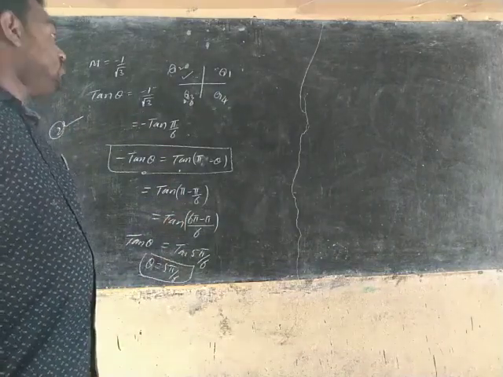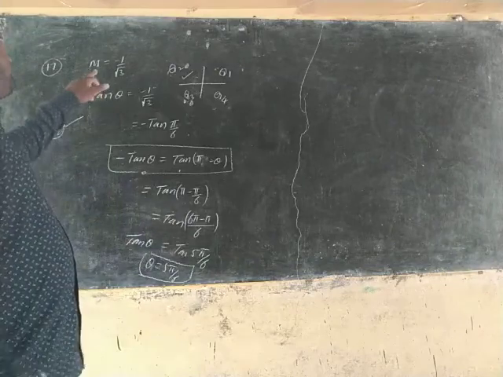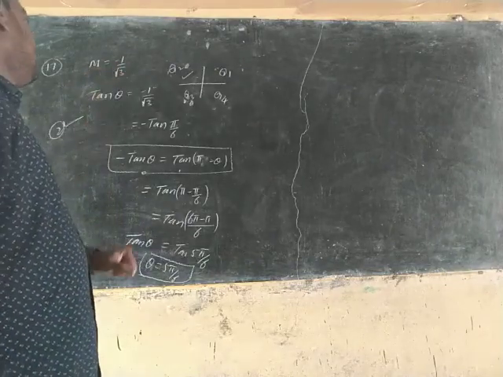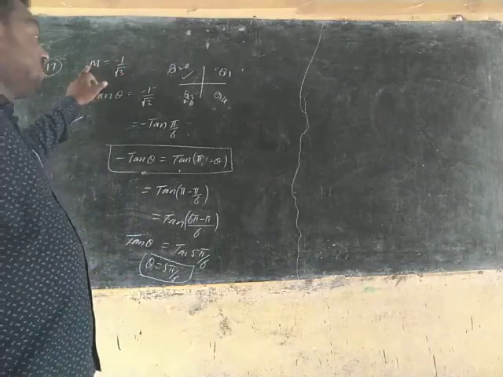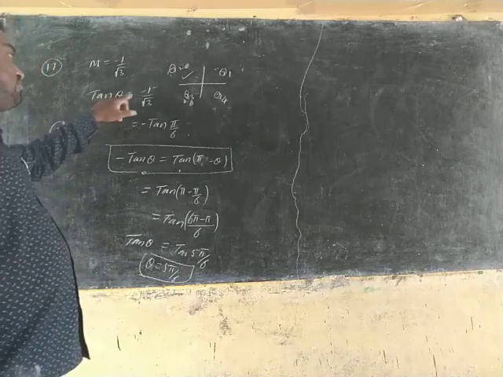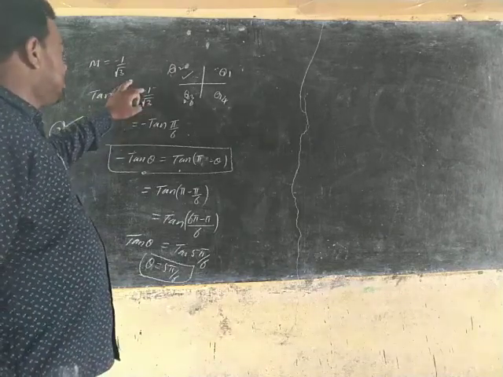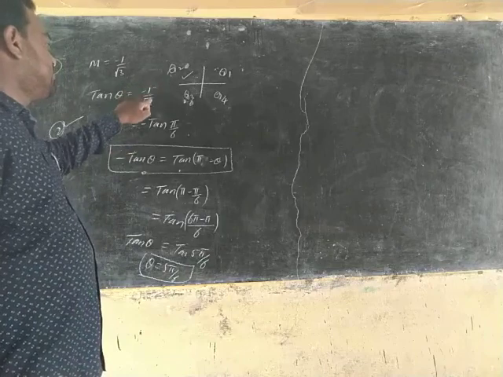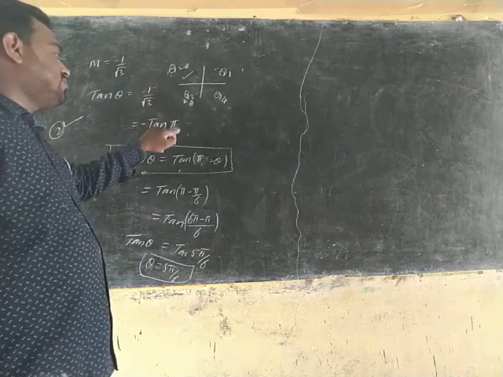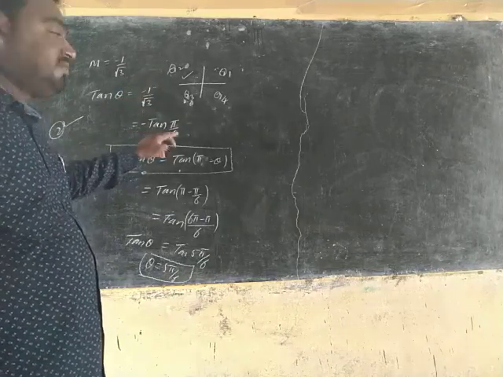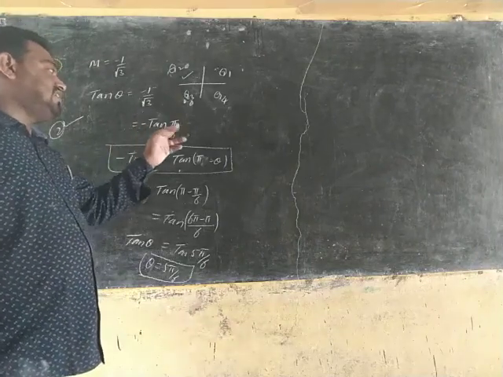Understood? What I wrote: in the equation they gave m is equal to minus 1 by root 3. The slope formula is m is equal to tan theta, equal to minus 1 by root 3. The minus I wrote as it is. In place of 1 by root 3, I wrote tan pi by 6, nothing but tan 30 degrees. It is in the form of minus tan theta.